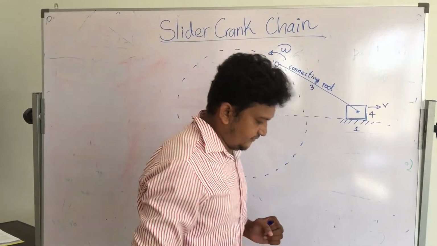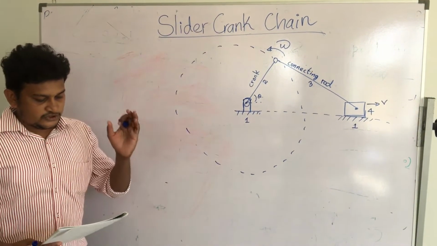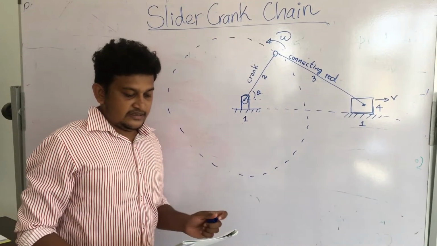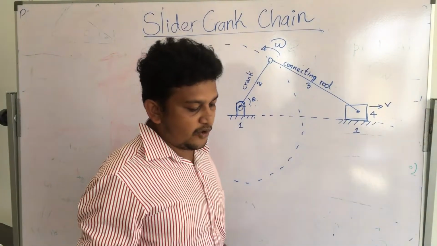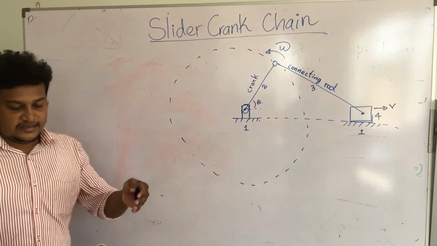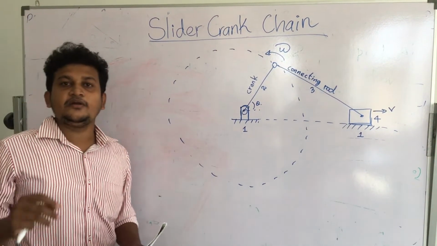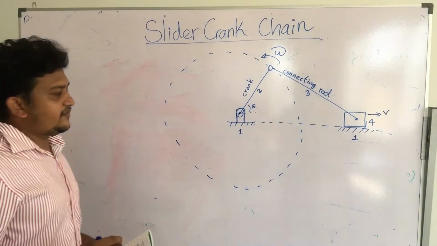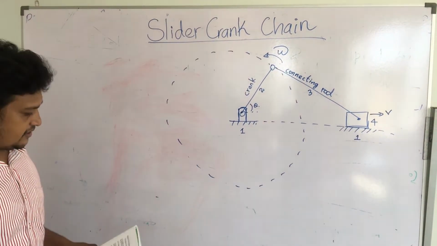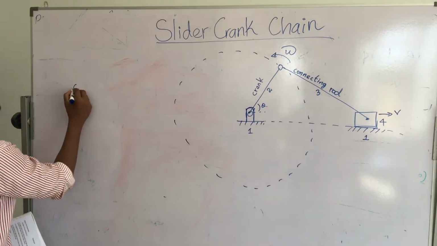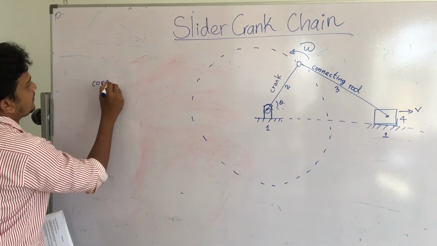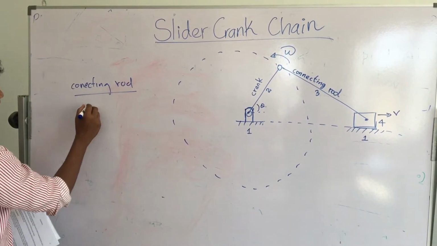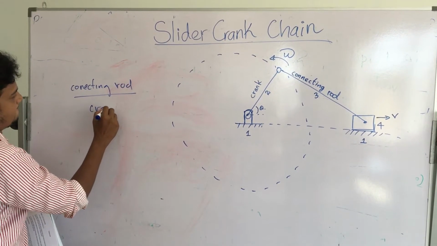What is the third objective? The third objective is to show that for a slider crank chain, the piston motion tends to simple harmonic motion with increasing values of the connecting rod to crank ratio. First of all, I introduce the term: connecting rod over crank.